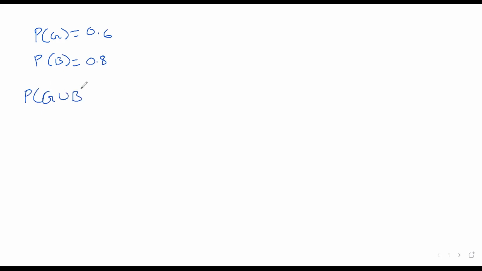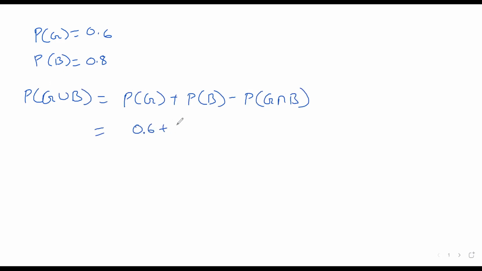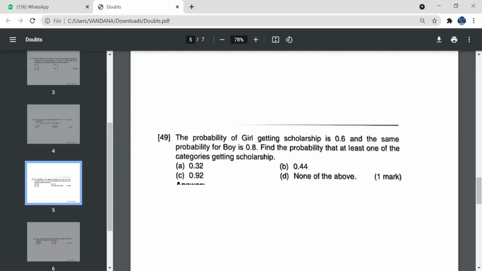So it is G union B. It is P of G plus P of B minus P of G intersection B. That is 0.6 plus 0.8 minus 0.6 into 0.8, that is 0.48. This is 0.92. At least one of them is getting a scholarship. Yes, it is coming here on C.